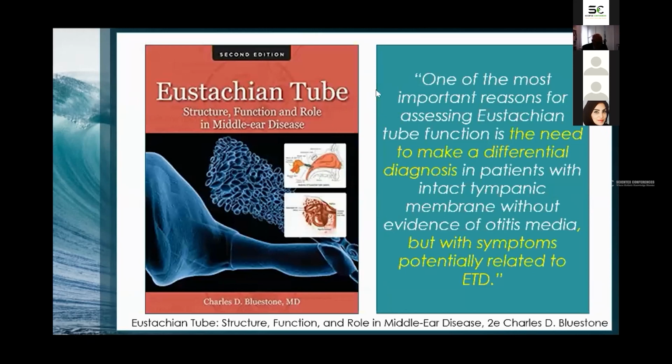Bluestone mentioned in his book, one of the most important reasons for assessing Eustachian tube function is the need to make a differential diagnosis in patients with intact tympanic membrane without evidence of otitis media, but with the symptoms potentially related to ETD.